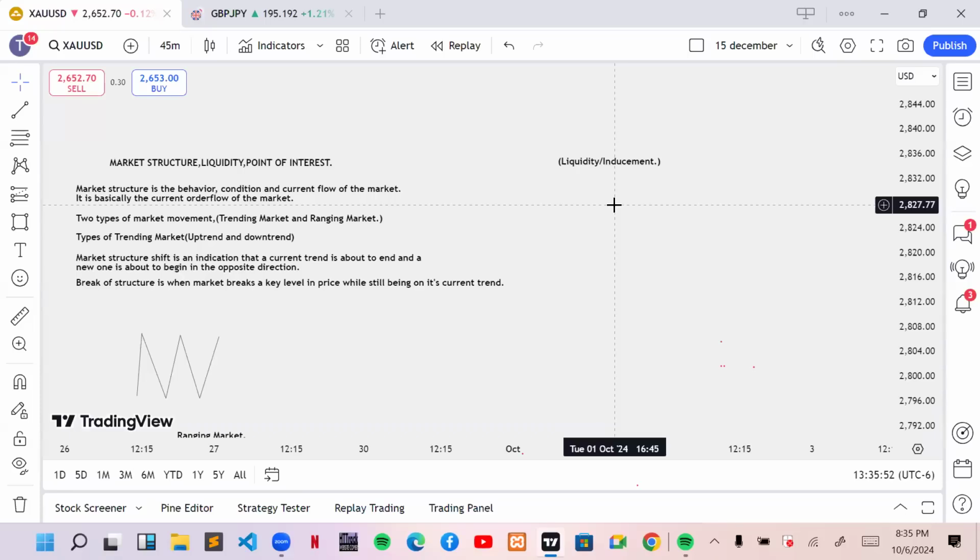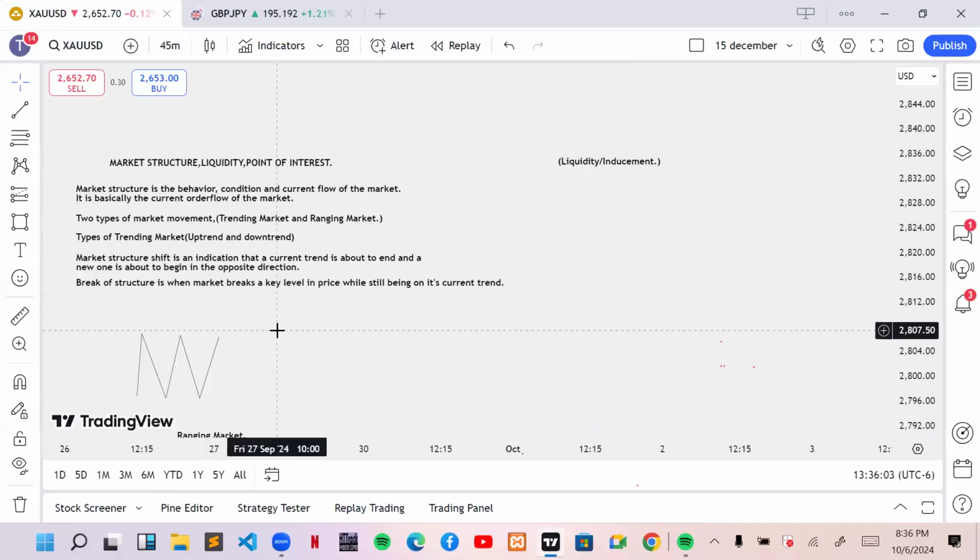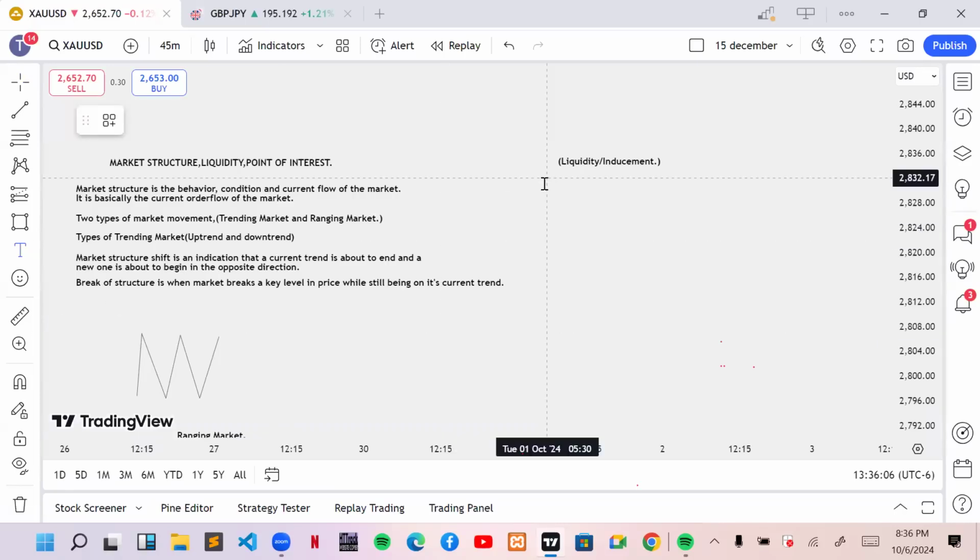It is my inducement. An inducement is the first valid pullback that price makes after a break of structure or a market structure shift. So after you've gotten a break of structure or a market structure shift, the first valid pullback that market makes. So liquidity slash inducement. That's my liquidity, it is my inducement.